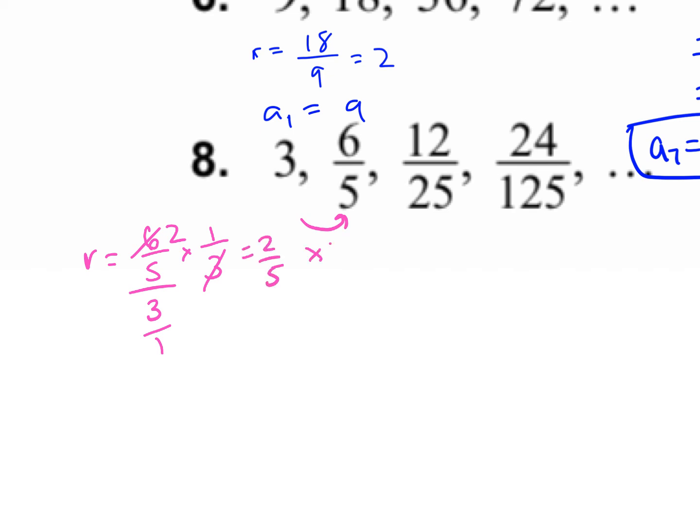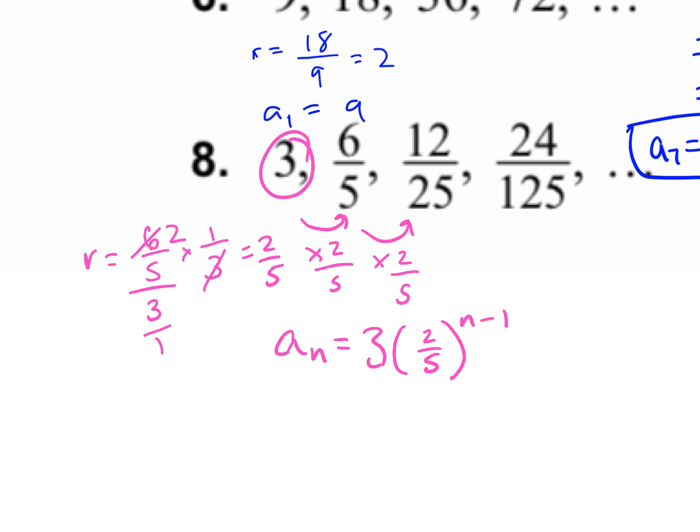So that's our r. What's our a sub 1? Our first term. 3. So 3 times 2 over 5 to the power of n minus 1 is our rule.